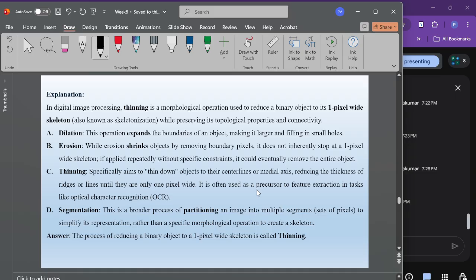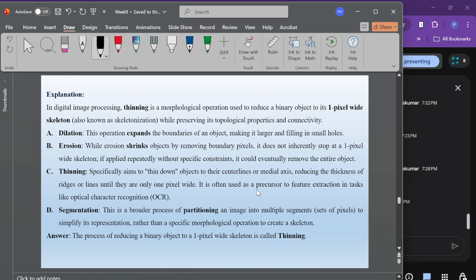Thinning specifically aims to thin down objects to their center lines or medial axis, reducing the thickness of ridges or lines until they are only one pixel wide. It is often used for feature extraction in tasks like optical character recognition (OCR).